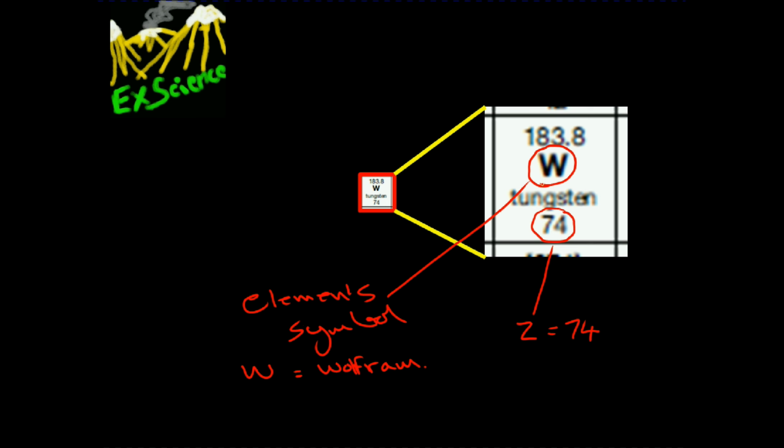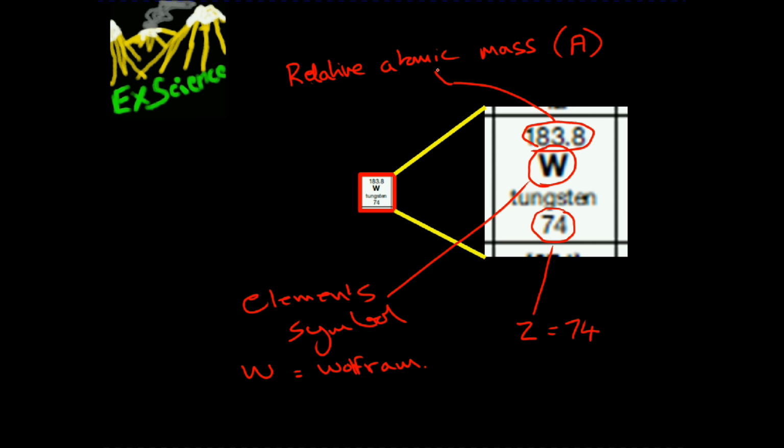We'll also notice that there's another number here, 183.8. This is the relative atomic mass, and we give relative atomic mass the symbol A. On some periodic tables, Z is at the top, A is at the bottom.